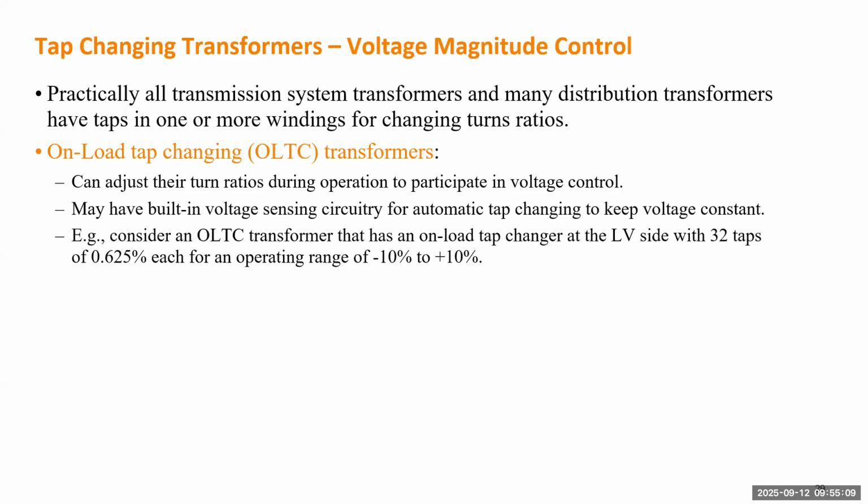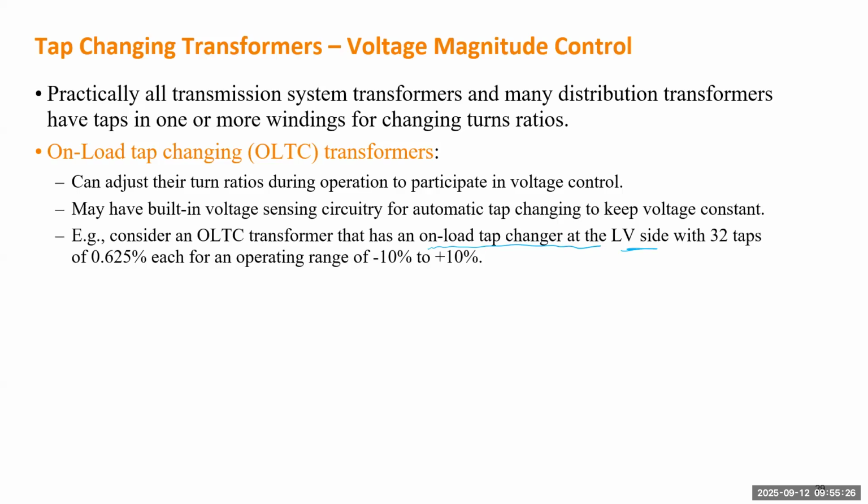So let's use one unload tap changing transformer as an example. Assume we have unload tap changers at the low voltage side with 32 taps, which means there are 32 locations for you to move the tap up or down.